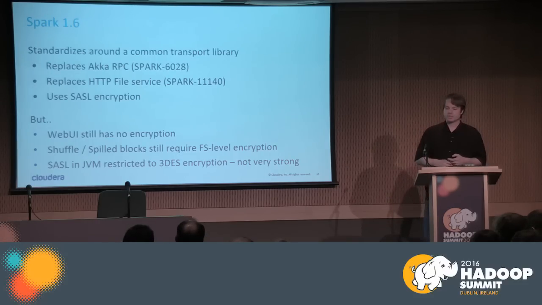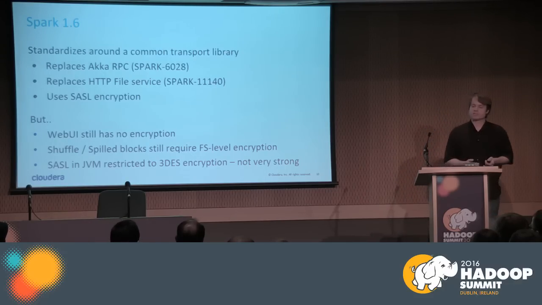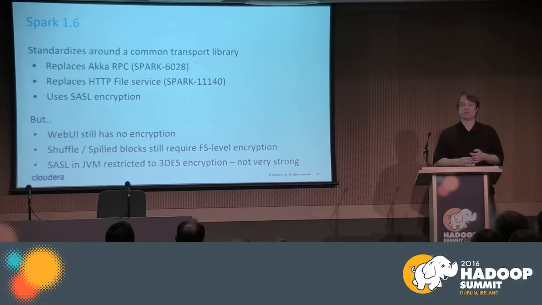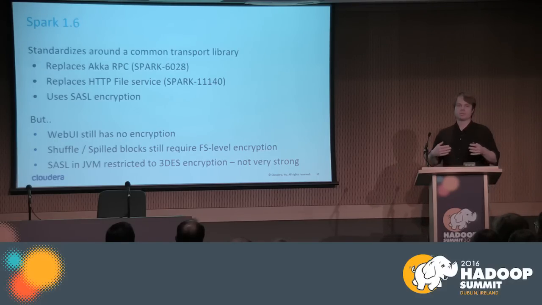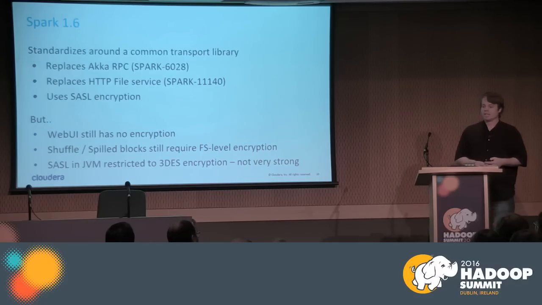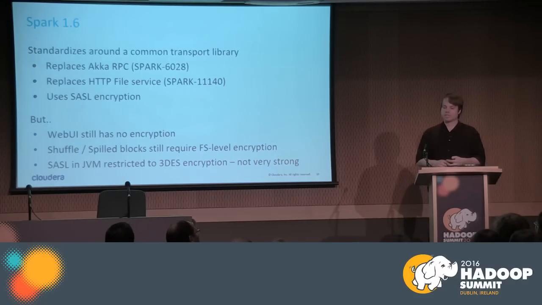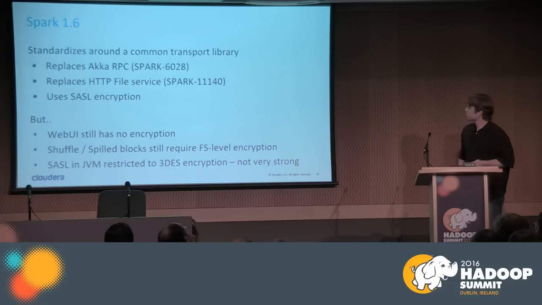But I think what the slide doesn't say, and it's the biggest drawback of using SASL, is that it's slow. The API in the JVM is still based on old java.io APIs that require copying a lot of data around, and that makes enabling encryption drop the performance of your application a lot.